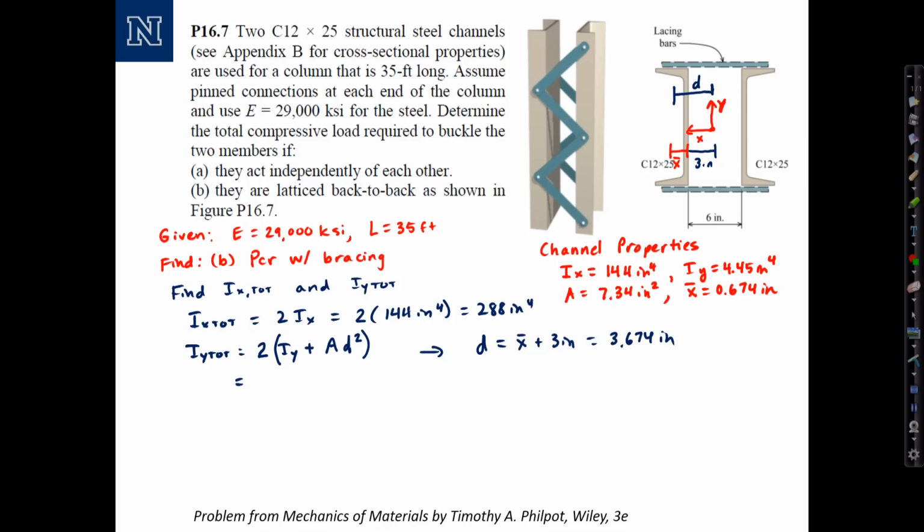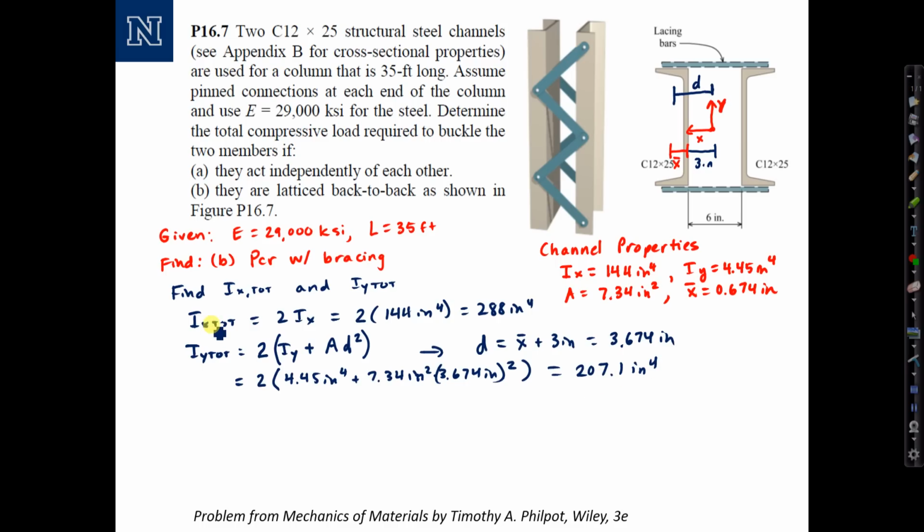So now we can apply this formula to calculate Iy total. 2 times Iy, 4.45 inches to the fourth, plus the area, 7.34 inches squared, times d, 3.674 inches, that whole thing squared, and that computes to 207.1 inches to the fourth.